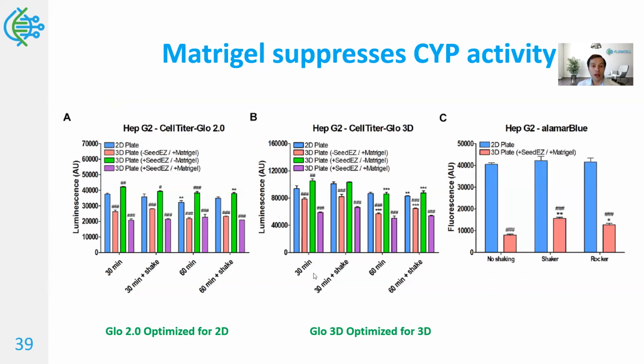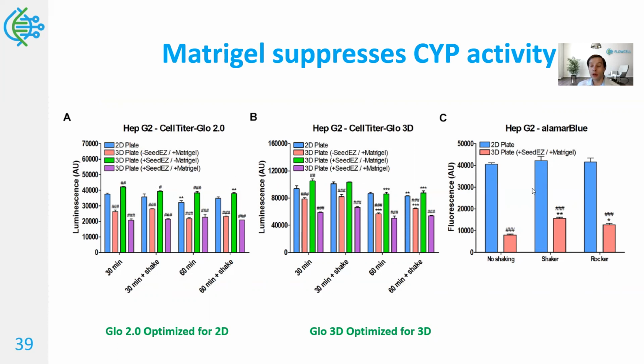So there is not a huge difference. In fact, there is consistency between a response here. What we can see is that 3D plate certainly is generally better than 2D. So the problem can lie with this extracellular matrix coating.